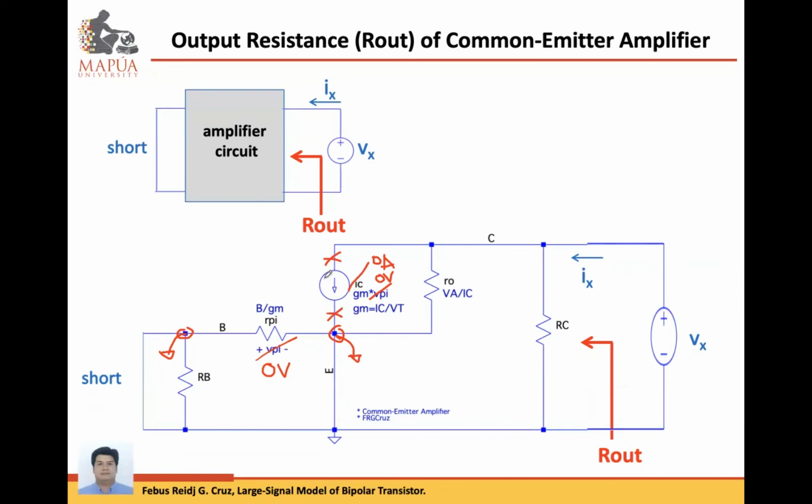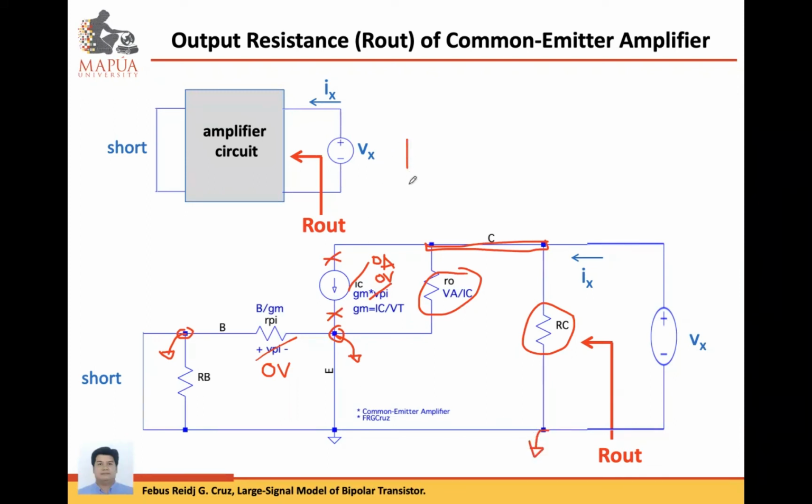So wala to bale, no? Tanggalin mo yan sa analysis natin. So what will remain are the collector resistor in parallel with the output resistance of transistor. So they are both connected to the collector. The other side, they are both connected to ground.